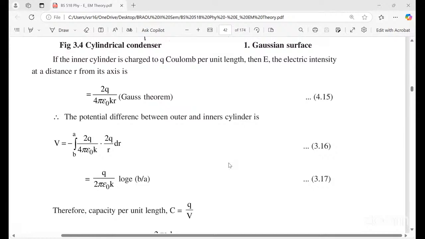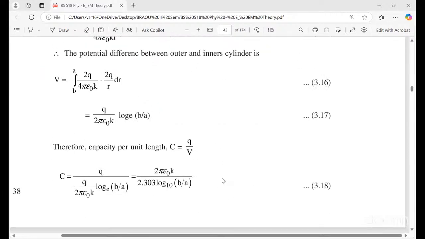By implementing this, you get 2Q by 4 pi epsilon naught K r. So what is the potential difference between outer and inner cylinders? What is the equation for potential? 1 by 4 pi epsilon naught into Q by r. At what distance is the magnitude of charge to be considered? The charge is written here, 2Q. By simplifying, Q by 2 pi epsilon naught K log b by a.